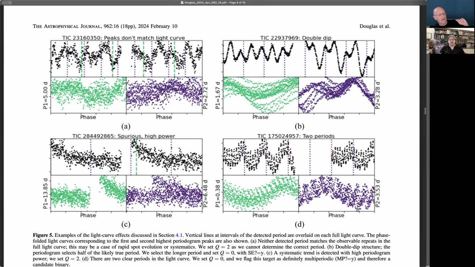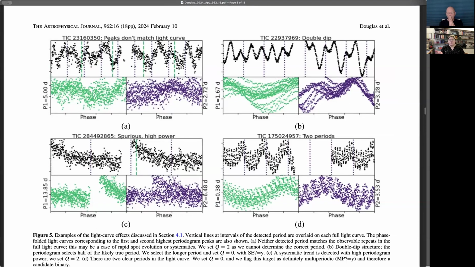If the light curve looked periodic, then we would flag it as good. This is one where, when I look at the full light curve and the phase folded light curve, it doesn't look terribly nice. So I would flag that as a bad detection.